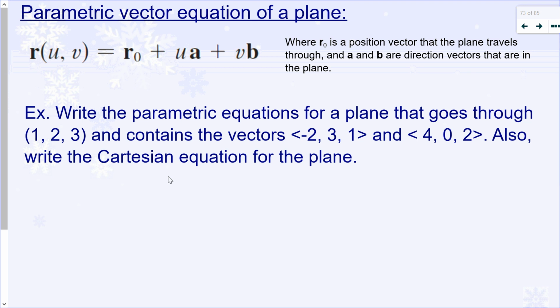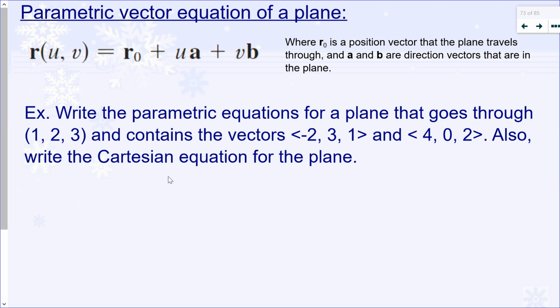And then we need to know two vectors that the plane includes. So in this case, A and B are direction vectors that are in the plane. Those are both vectors. And u and v are our parameters. And it's the easiest way to write the vector equation. It doesn't involve any cross products. And it would be the parametric vector equation of a plane.